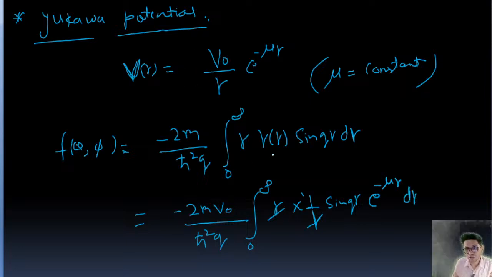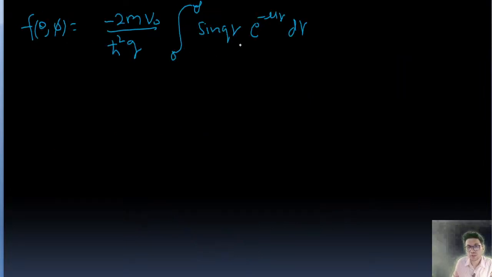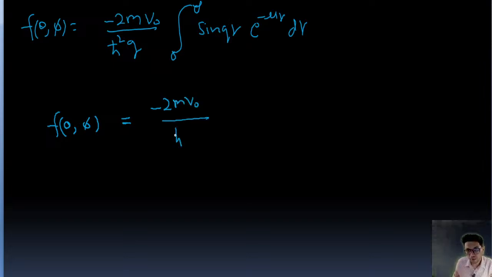In place of V(r) we have put this value. So f of theta and phi is minus 2m V naught upon h cut square q times this integration, which we know by using the Laplace transform, right? I have already explained this in my mathematical physics lectures, one day ago, I believe.